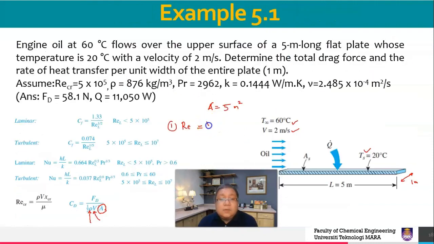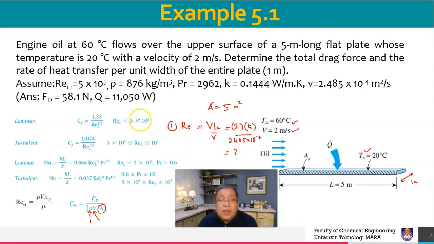So V is 2, L is 5, and nu is 2.485 times 10 to the power of negative 4. So you will get the Reynolds number.